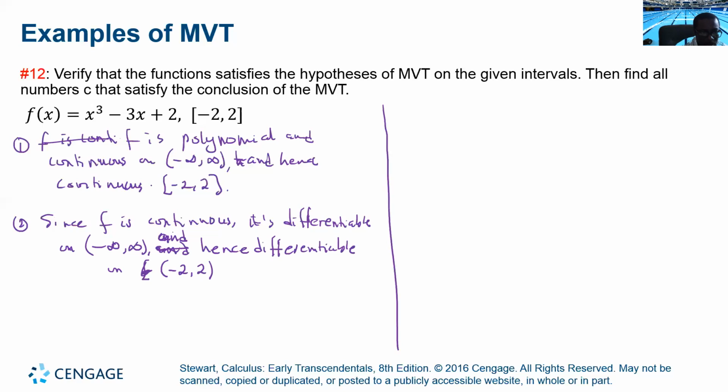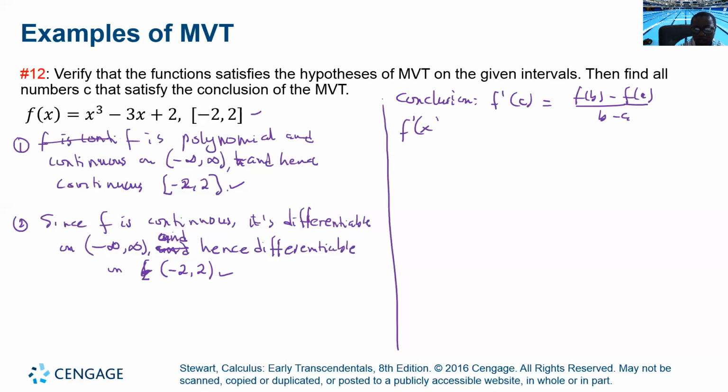Now notice that when you say continuous, it's over the closed interval, the interval given, and when it's differentiable, it's over the open interval. So if this is the case, then the conclusion is that f prime at C is equal to f of B minus f of A divided by B minus A. So first, let's differentiate this.